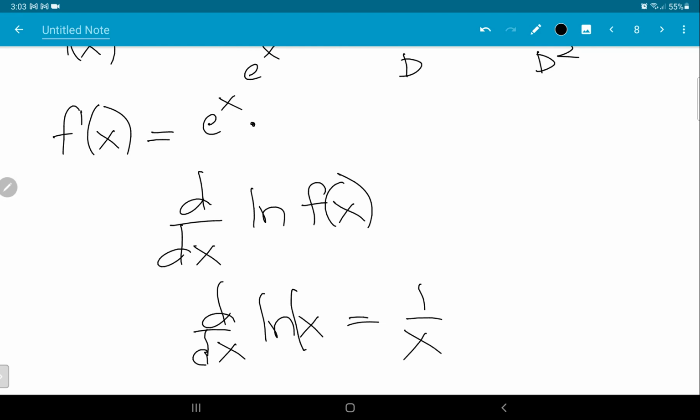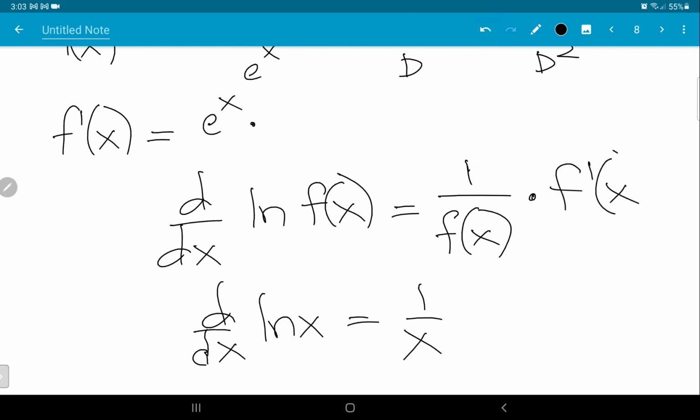Now, if it's not x, but a function of x rather, like in this one here, you still get the reciprocal, but you multiply by the derivative again of f. Or sometimes you can just use f prime of x over f of x. Alternative.